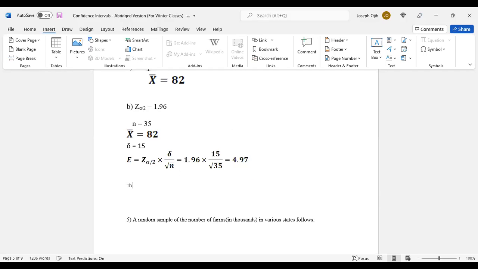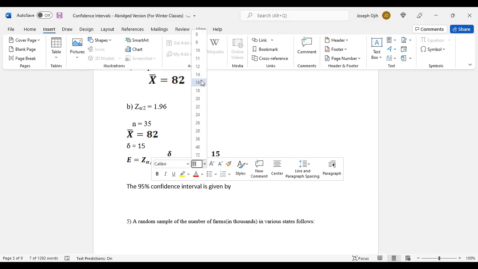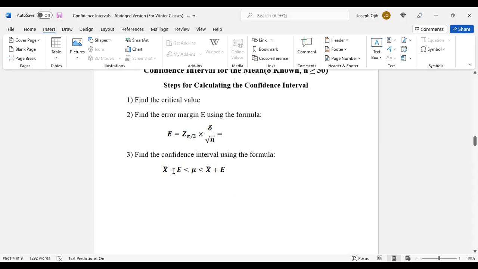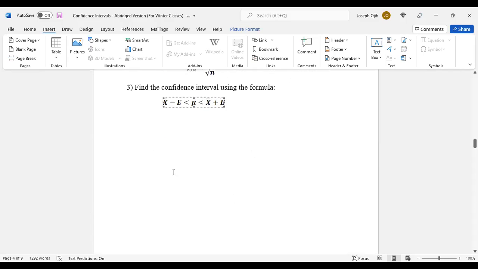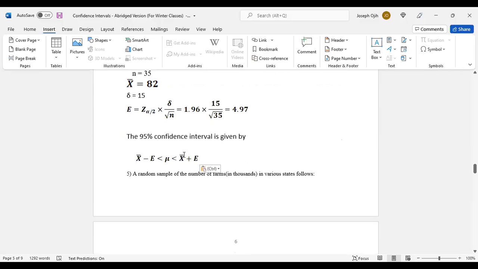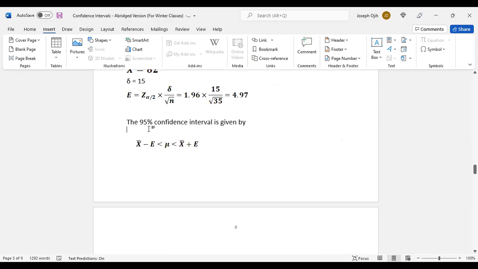So the 95% confidence interval is given by, this is the formula we use for it: x bar minus error less than the mean, less than x bar plus error.